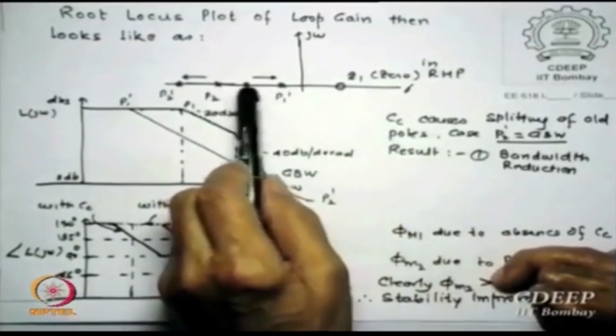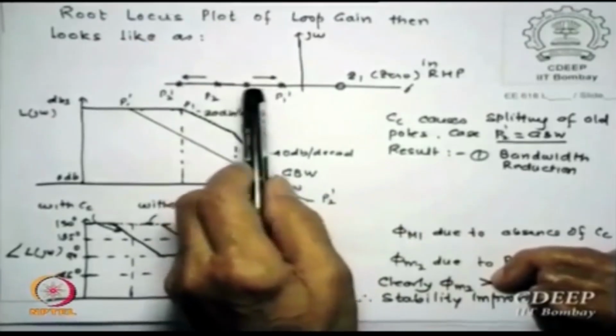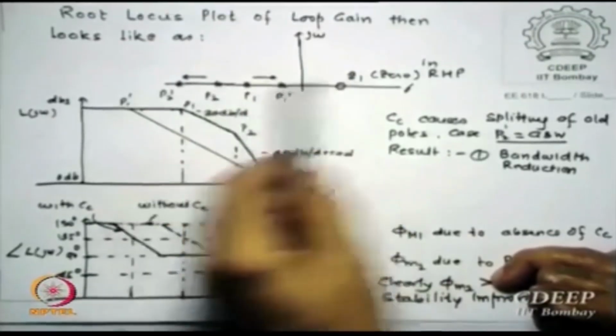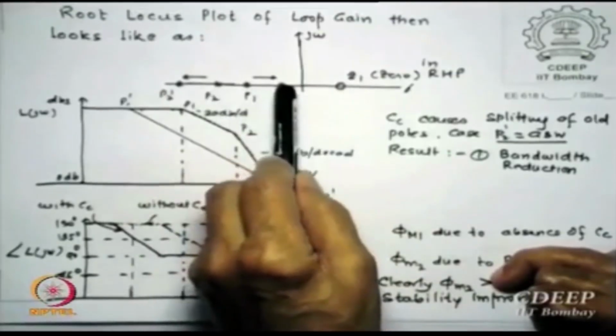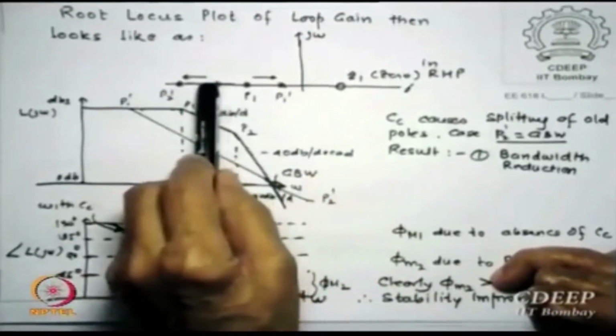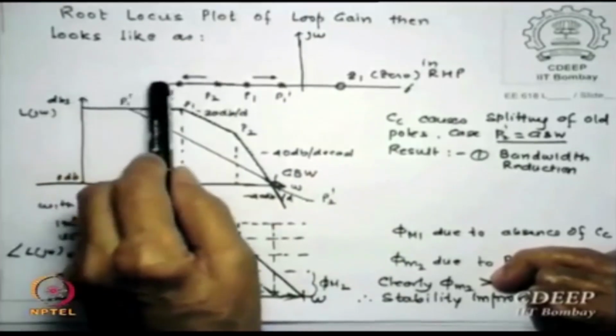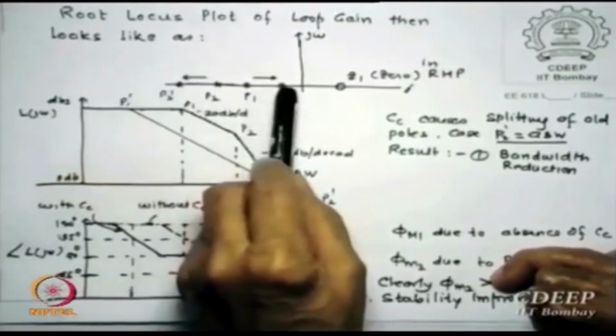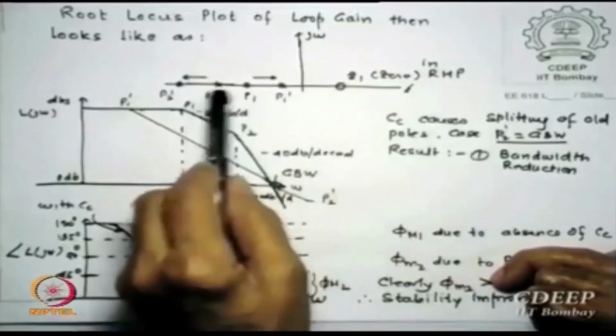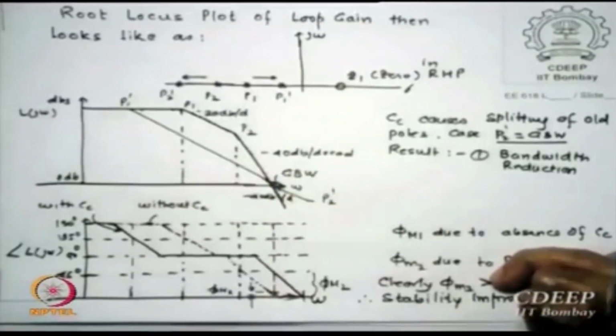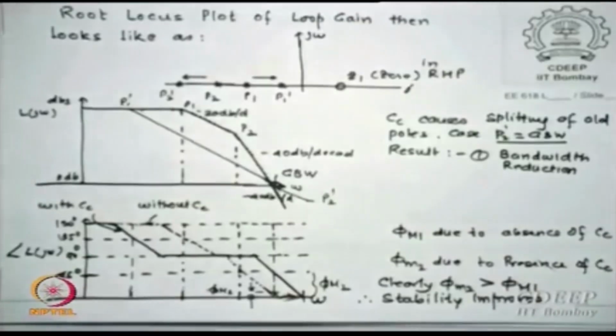When I applied Cc, P1 reduced, so P1 dash reached here, but P2 actually moved to the other side, so P2 dash reached here. P1 dash came closer to 0. So even if P1 and P2 were closer, by putting the Miller capacitor I separated them. So one of the cases where we are all the time saying that there should be a dominant pole, it is guaranteed if I put a Cc capacitance.